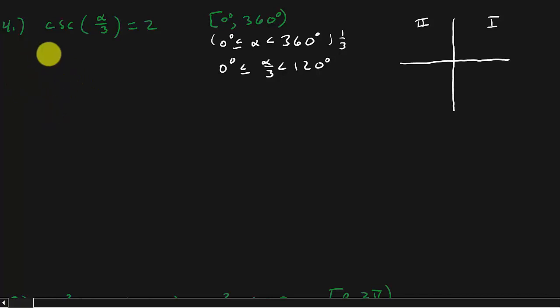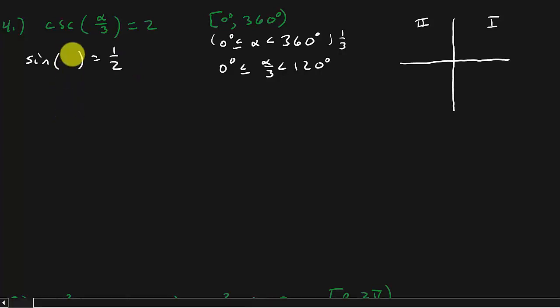I'm jumping ahead of myself, aren't I? Cosecant of what is 2? Well, that's something we probably don't remember. But we know we can write this as the sine of alpha over 3 is 1/2, right? Because cosecant and sine are reciprocals.